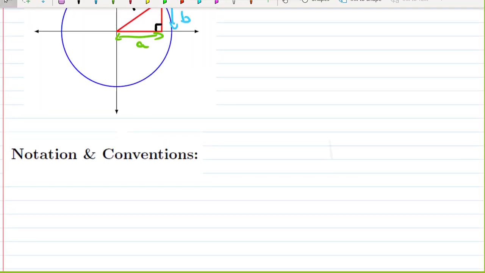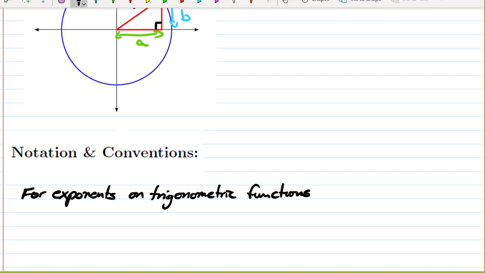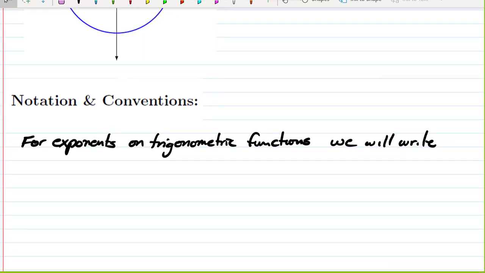So for exponents on trigonometric functions, we will write cosine, and then we're going to put the exponent in between the function name and the argument.